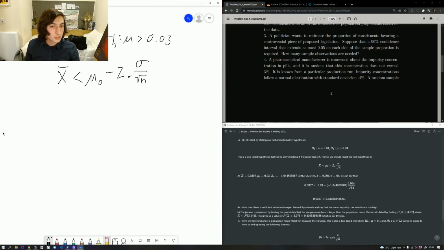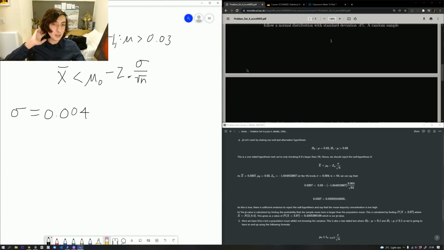From the production run, impurity concentrations follow a normal distribution, and we know the standard deviation here is 0.004, because that's 0.4%.